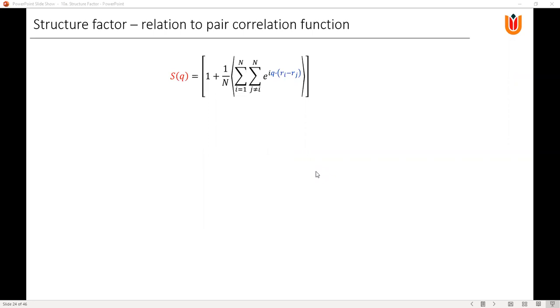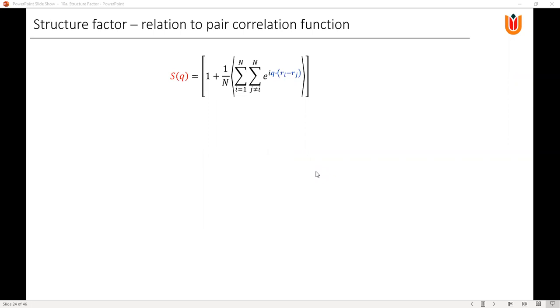So this is more or less the equation that we left with. We have a structure vector, the vector that describes the interference between the fields from the different particles, expressed in this double sum over all the particle pairs.